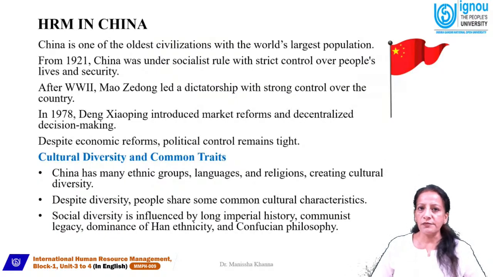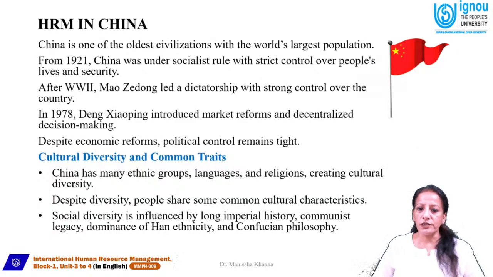So, China has many ethnic groups. They have many languages and even religions, which create cultural diversity within the country. Despite diversity, people share common cultural characteristics. Most Chinese people follow the same cultural practices.